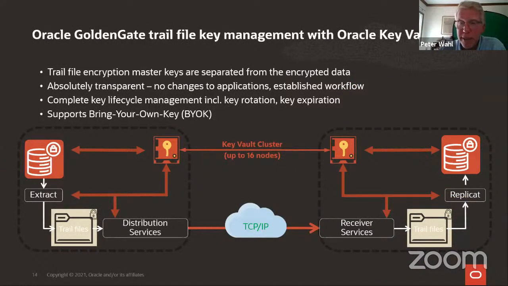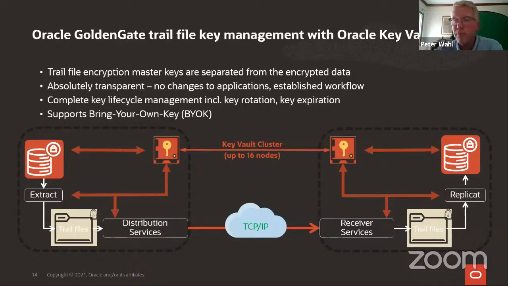I mentioned earlier that when you use GoldenGate, we can provide key management to the encrypted trail files. This also is important because if you encrypt the trail files without Key Vault, it's wallet-based. If you rekey on one side, if you generate a new key on your extract side of this equation, your replication process will fail because it doesn't know that new key.